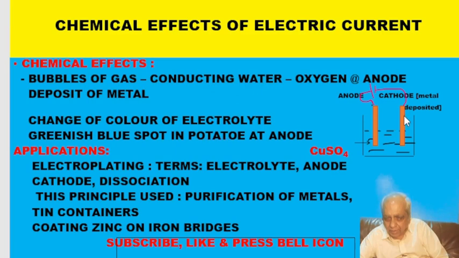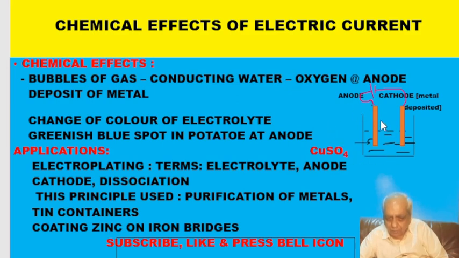At the cathode, if I collect the gas and check, it would be hydrogen, whereas at the anode, if I collect the gas and verify, it would be oxygen. So water is made up of these two gases. This is called electrolysis of water. So a chemical change has taken place. Water has decomposed into oxygen and hydrogen.